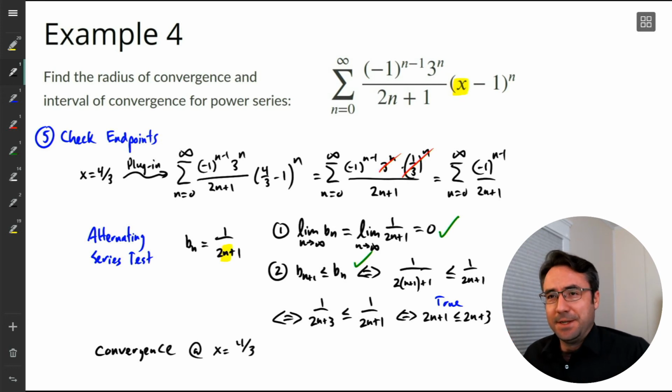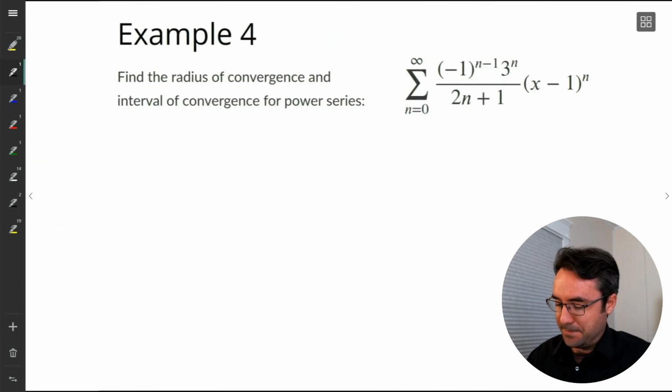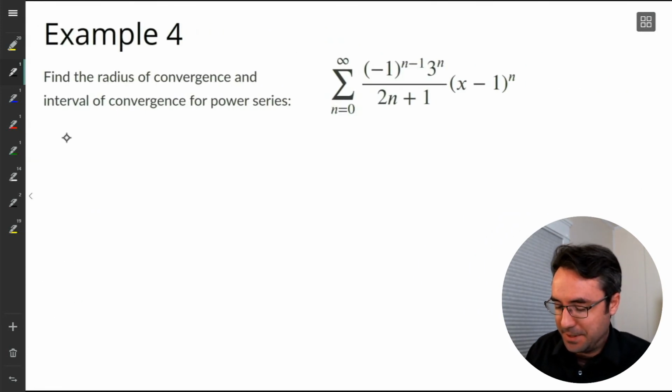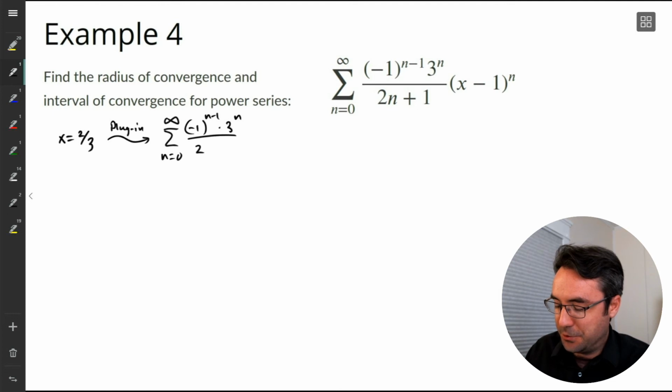All right. Now we need to check the other endpoint. So let's do x equal to 2/3. Let's plug that in. So we're going to get -1 raised to the n minus 1 times 3 to the n over 2n plus 1 and 2/3 minus 1 raised to the n.